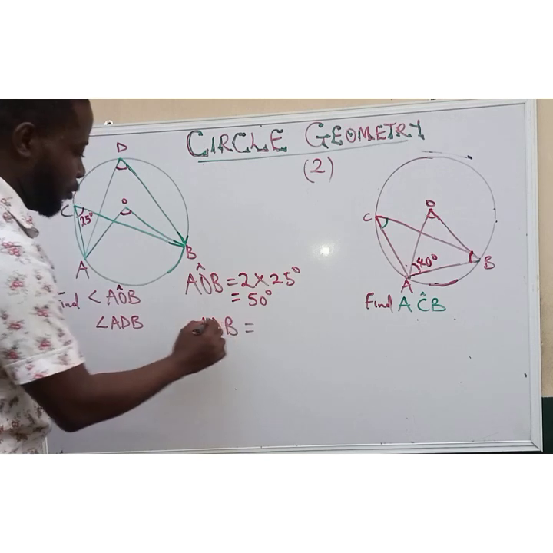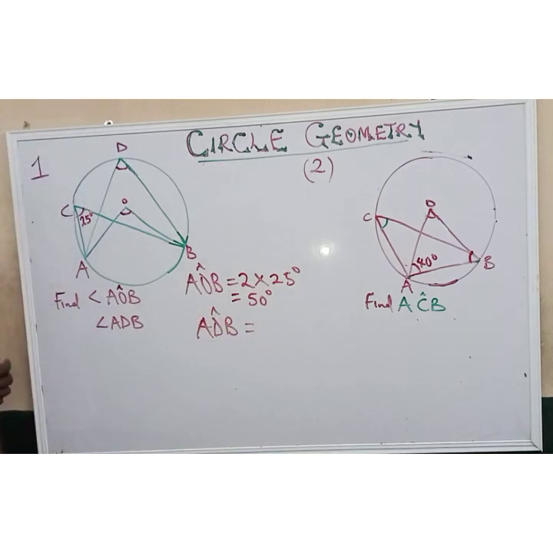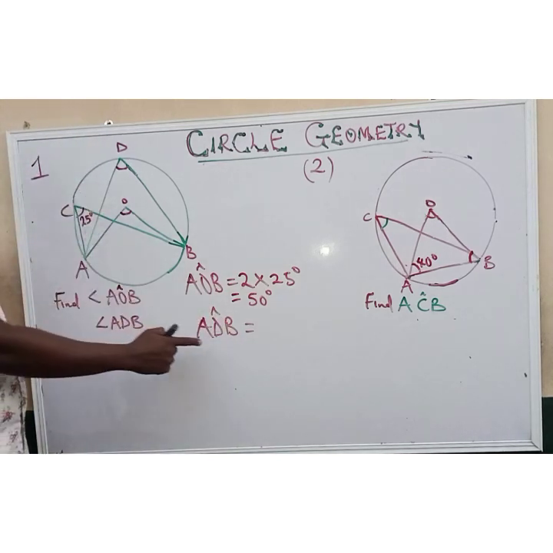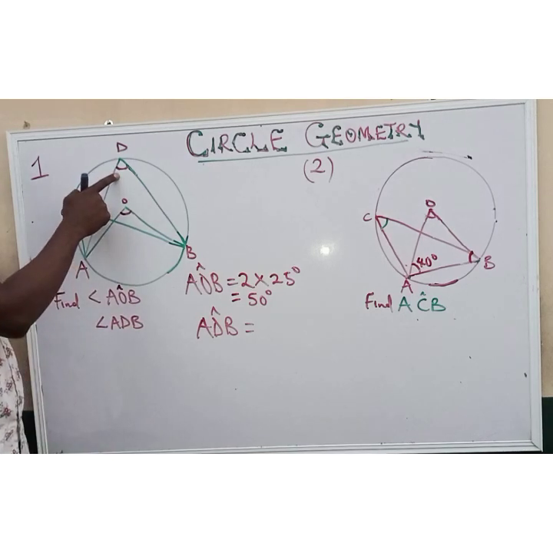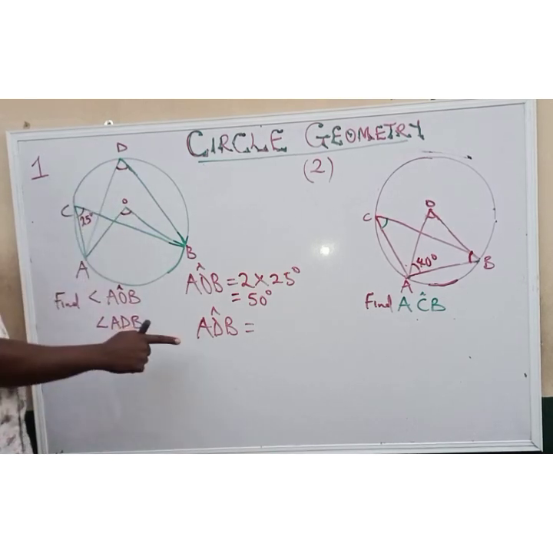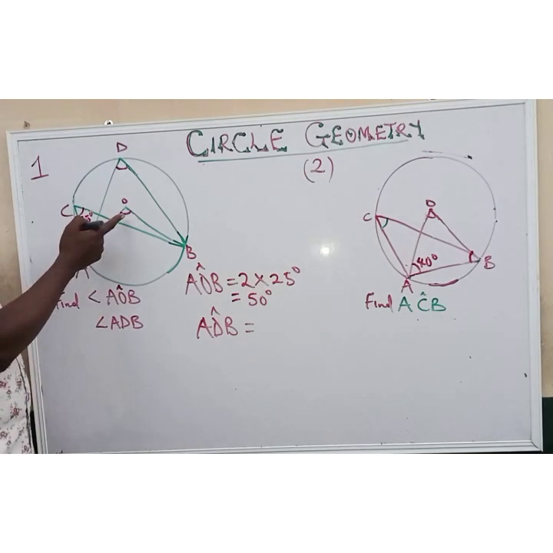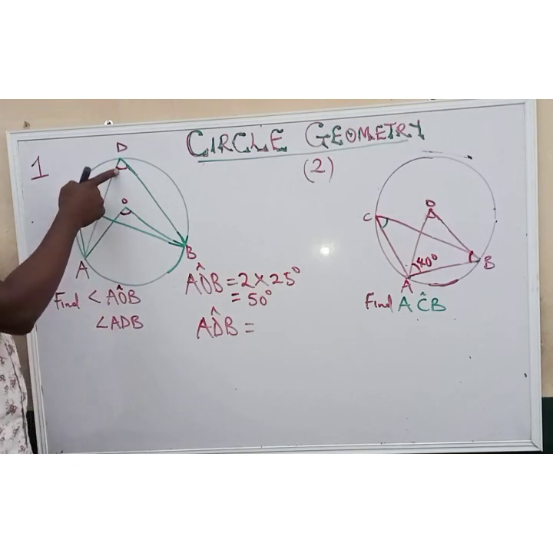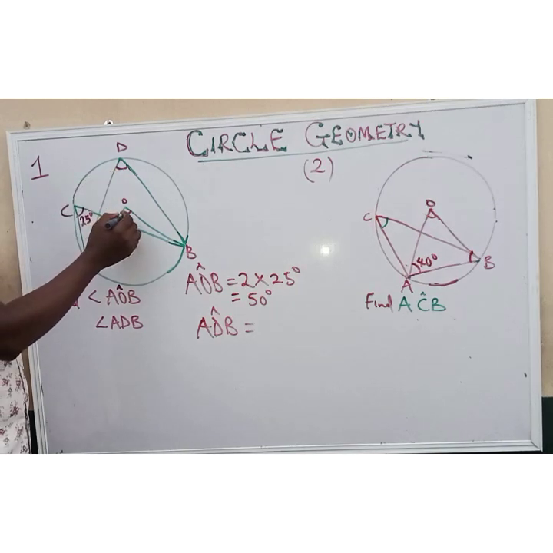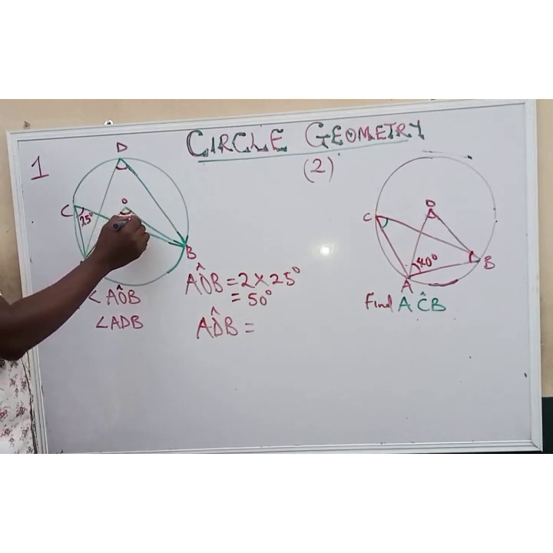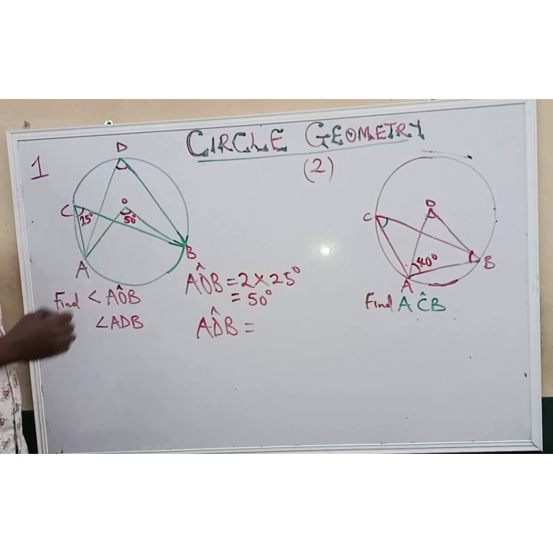Then the next one, we are asked to find angle ADB. To find angle ADB, let's locate ADB first. So this is ADB. That means we can also apply the theorem 1 rule: the angle at the center is twice the angle at the circumference. This is another circumference here. Since we know our angle at the center is 50 degrees, finding the angle at the circumference is easy.